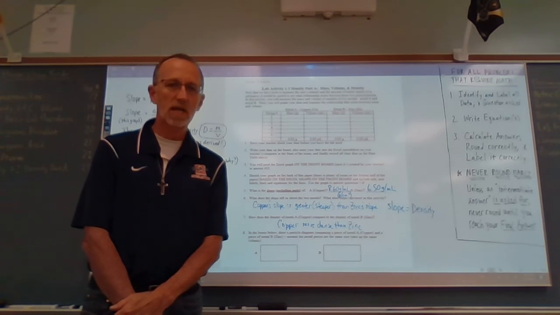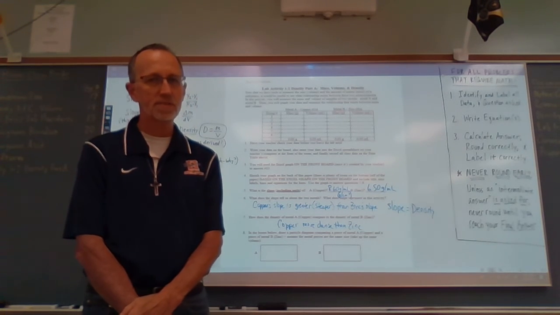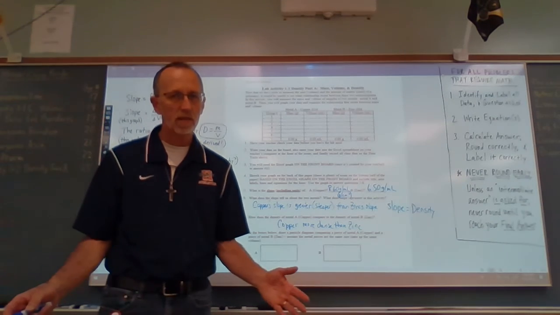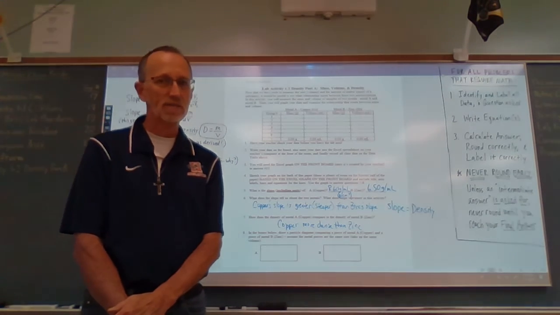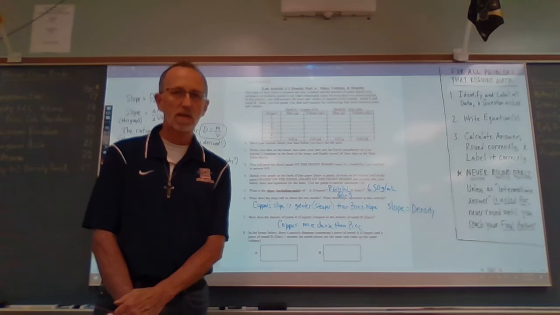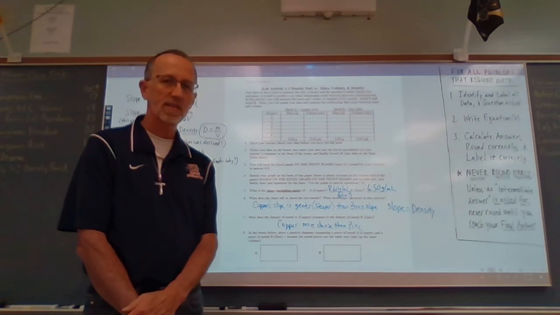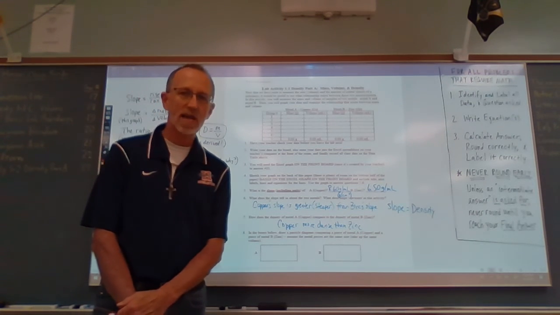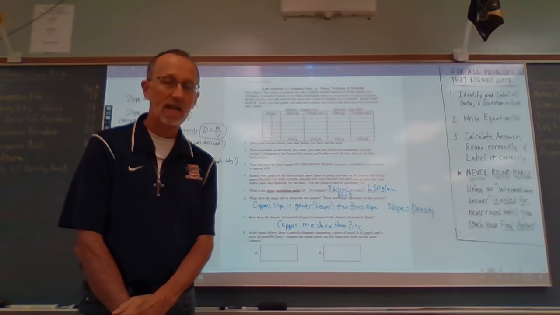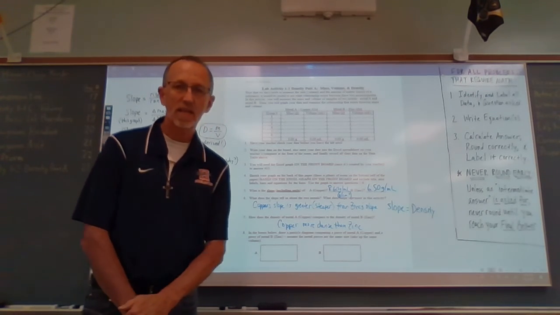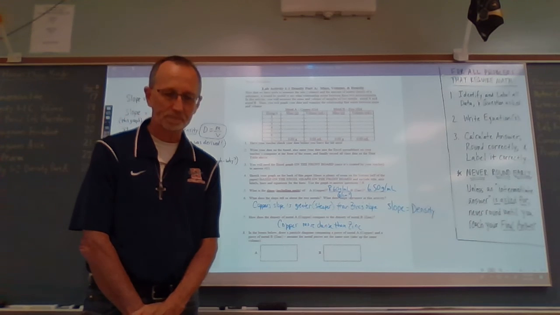So based on copper's density as compared to zinc's, remembering what density is, mass over volume, if the volumes of each of the two samples are the same, then how does that relate to the mass of each? And how would you express that in a particle diagram?